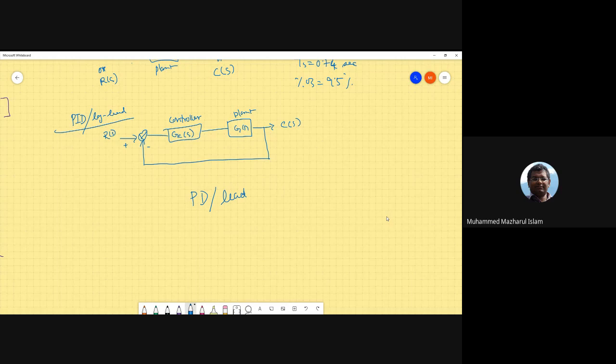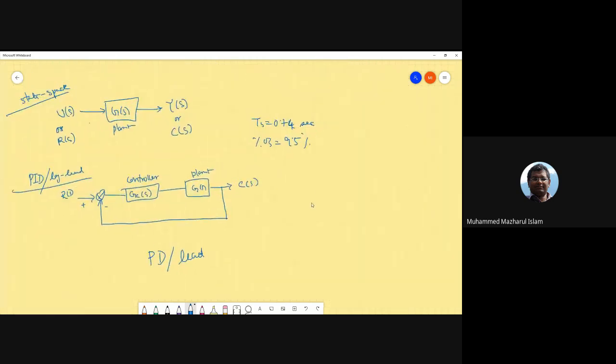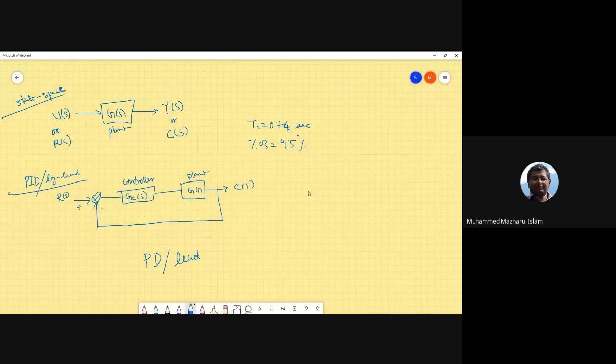So that would ensure that you understand the differences well. Try this out at home. This is your homework. Skill assessment 12.1, 12.2, and this one. Design a PD and a lead controller to obtain the desired parameters at the output.